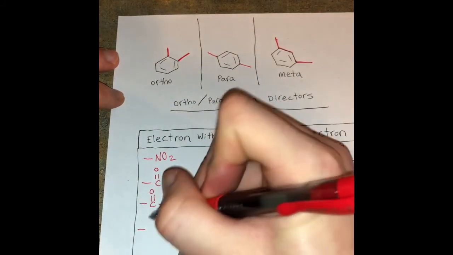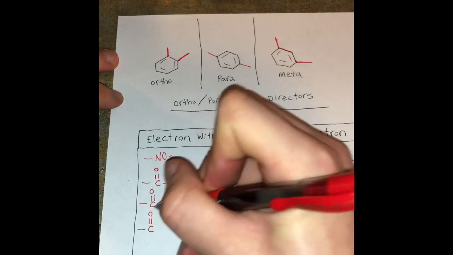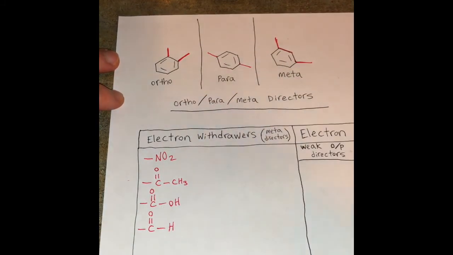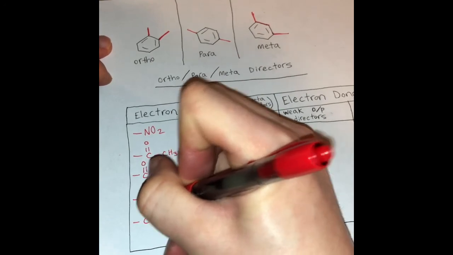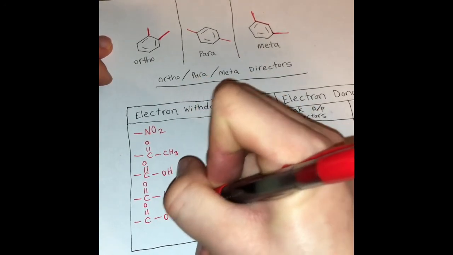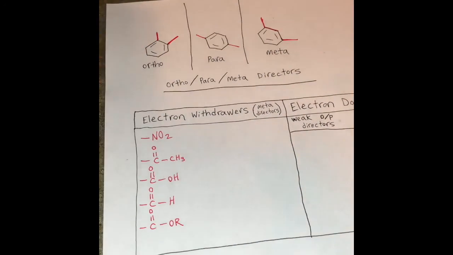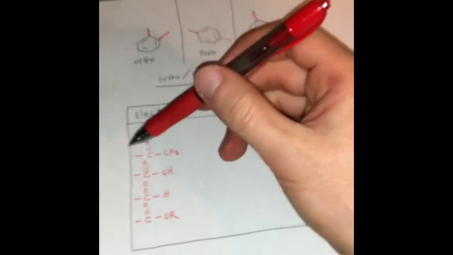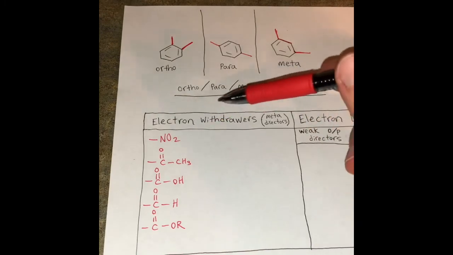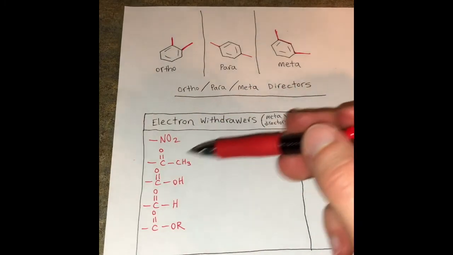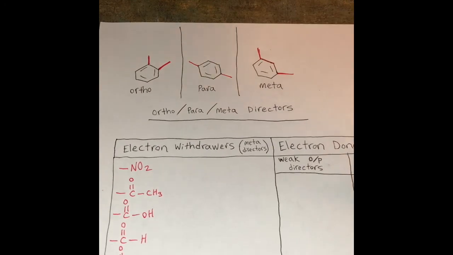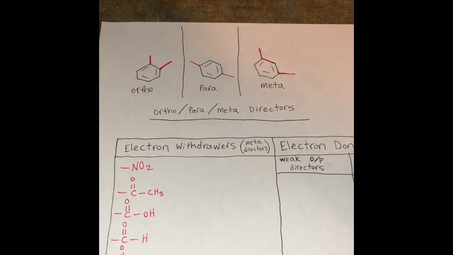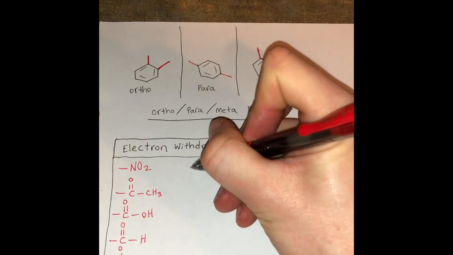If you have an aldehyde on your benzene, C double bond O with an OR. So as you can see, the pattern goes, if your carbonyl is bonded to the benzene, that will be an electron withdrawing effect, and you get a meta director for your reaction. Okay, some more groups.